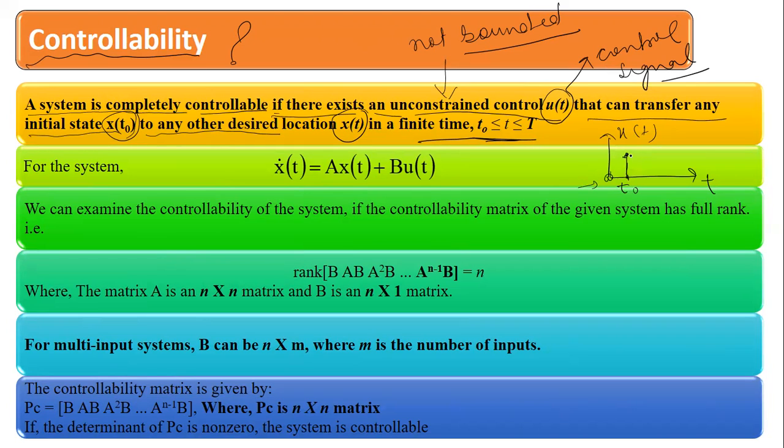So if your control variable is able to take the system state from the value x(t0) to a new value x(t) in some finite time, then we would say that the given system is controllable if this control law is capable of transferring all the states of the system from its initial value to some final value within the specified time.